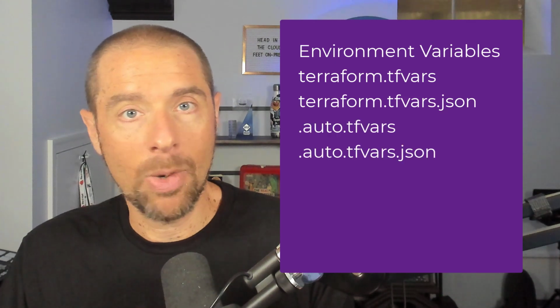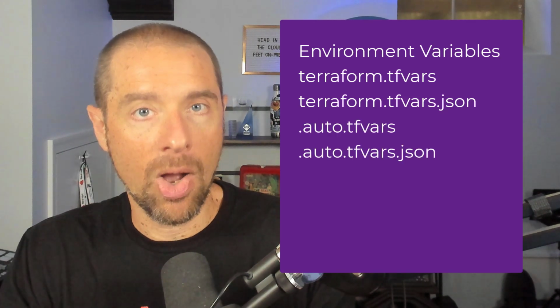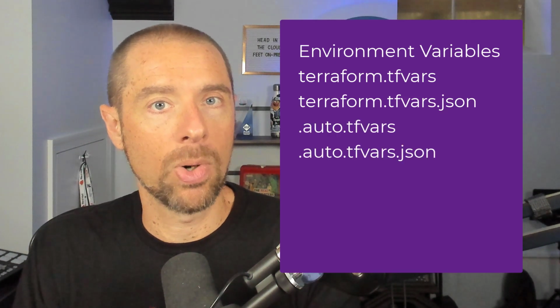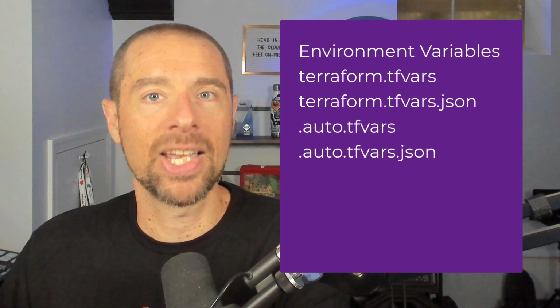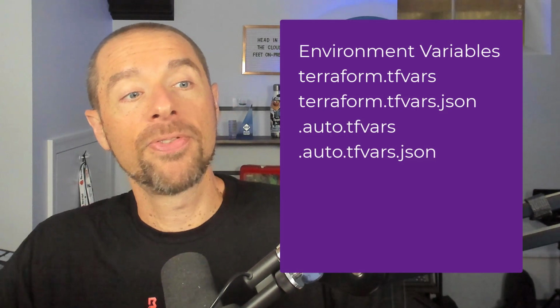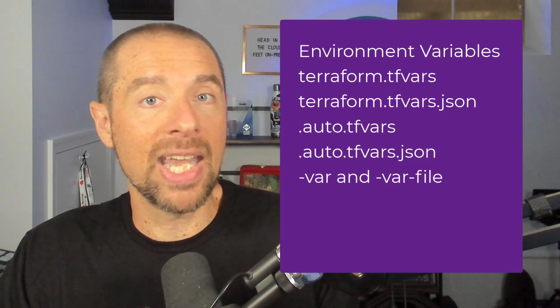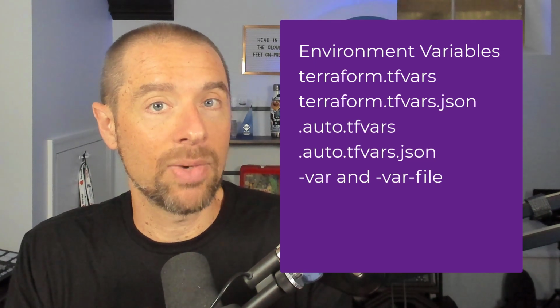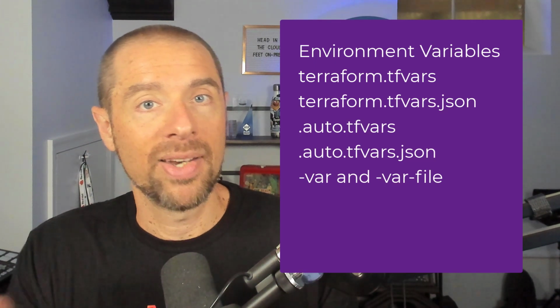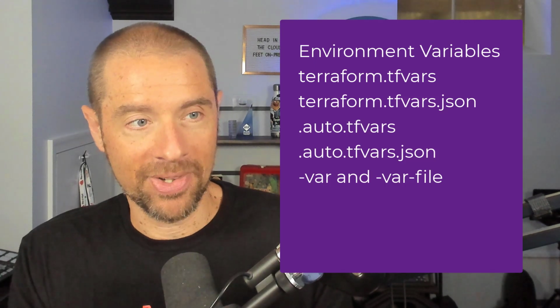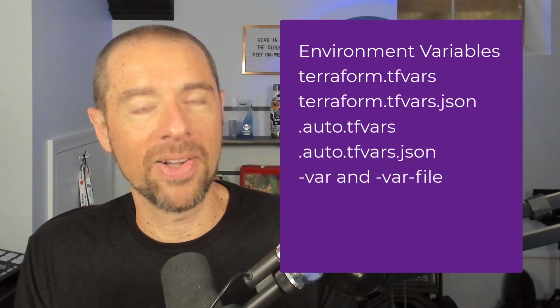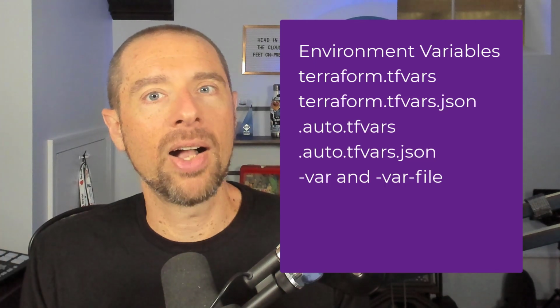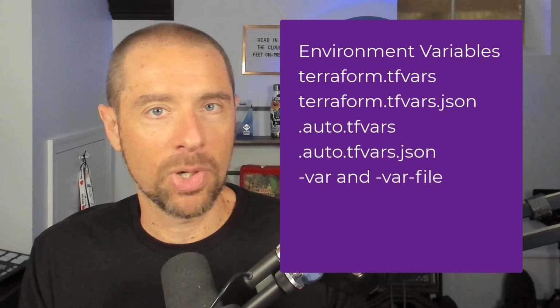Then it's going to evaluate anything that's in a .auto.tfvars or .auto.tfvars.json file. And then finally, it's going to evaluate anything you specify at the command line with a -var or -var-file. So that's the order of operations of how it's going to evaluate the value.